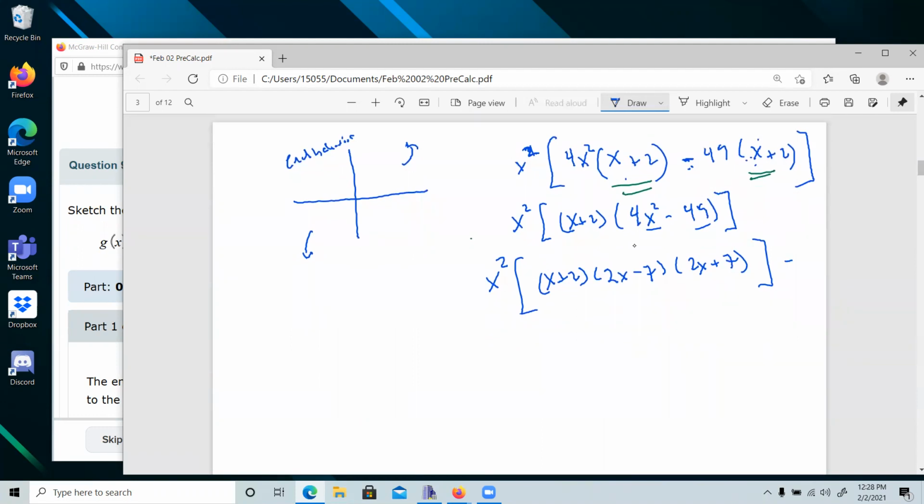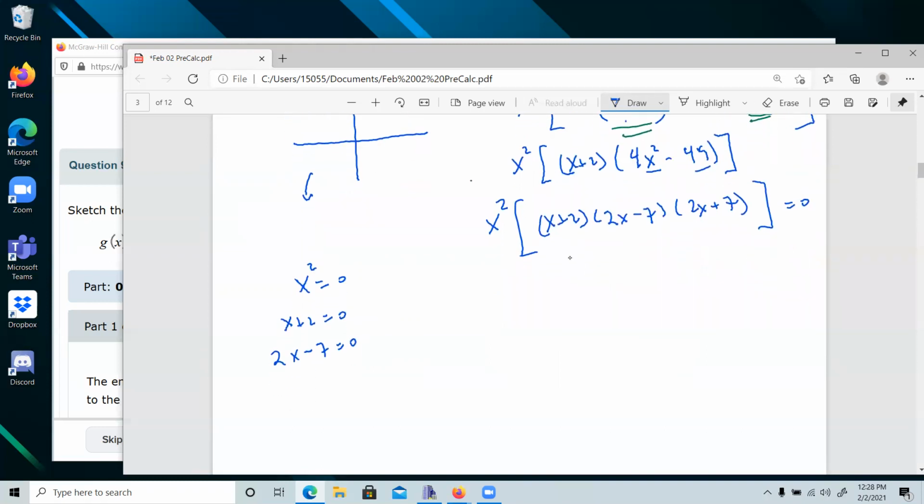So again, if I were to set this equal to 0 and solve, because I wanted to know what the zeros were, we'd have x squared equals 0, x plus 2 equals 0, 2x minus 7 equals 0, and 2x plus 7 equals 0. All right. So there we go.